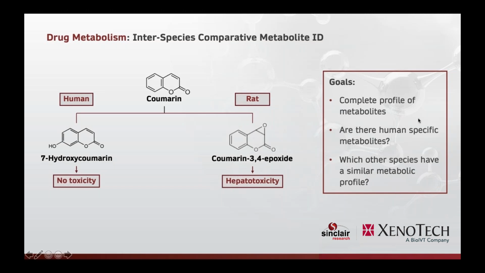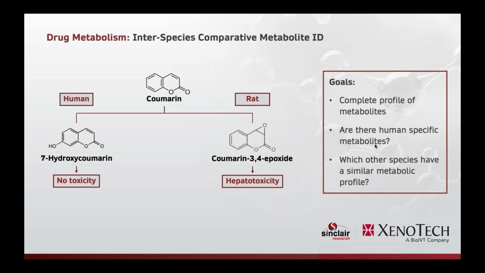Now, the goals of the metabolite characterization study are to compile a complete profile of all the metabolites that are formed when the drug is metabolized. And this is done to find out what other species have a similar metabolic profile to human, and also to look at, are there any human-specific metabolites that are formed, or are there any human disproportionate metabolites that are formed?